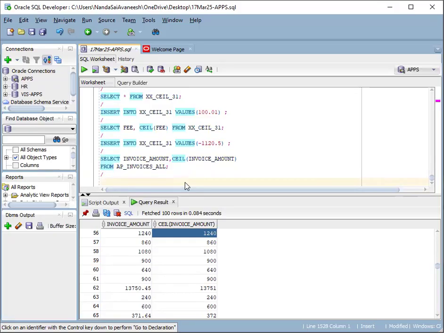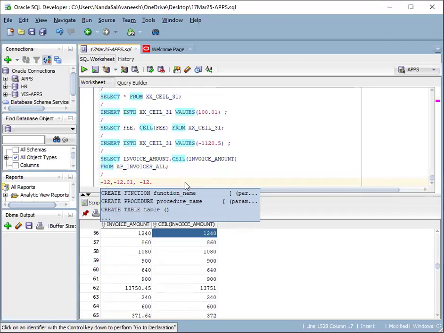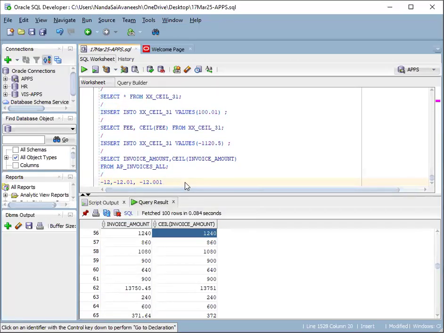If it is negative, then it will come as a negative. In the negative, what is the next highest value? Suppose negative values are there: minus 12, minus 12.01, minus 12.001.